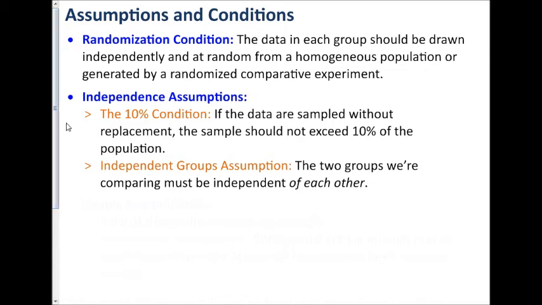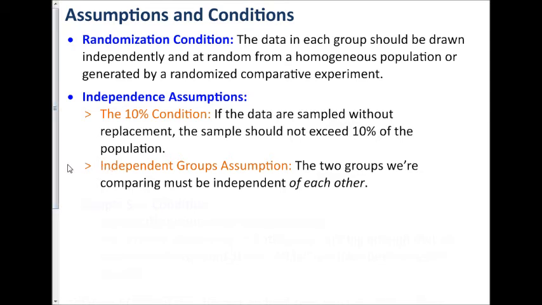Second thing, you still have the independence assumptions, which are met by your 10% condition. Again, if you're polling people or things, the sample should not be more than 10% of the total. Now, this is a key thing here. In order to do a 2-proportion z-test or z-interval, they have to be independent groups.